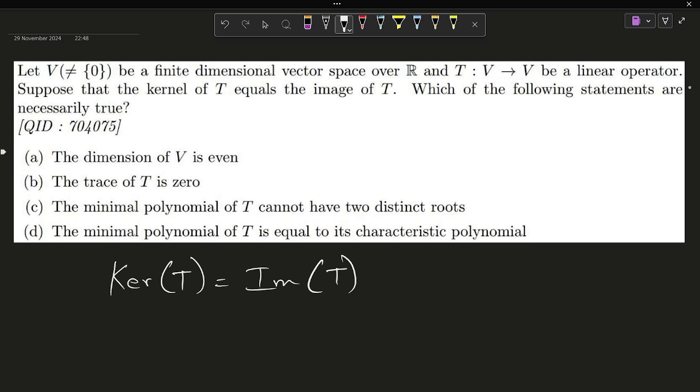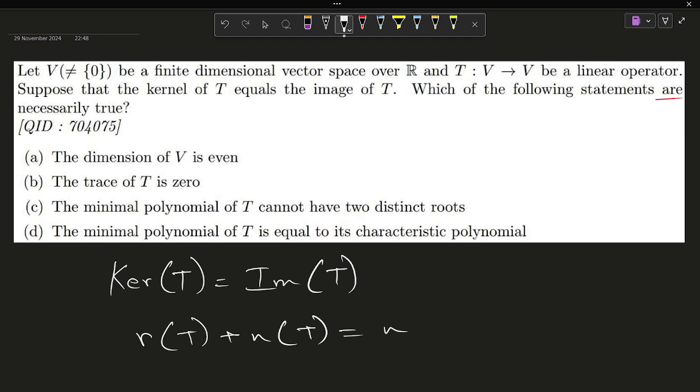As they have given "are" here, this is a multiple correct question. So as the kernel of T is equal to the image of T, we know from the rank nullity theorem that rank of T plus nullity of T is equal to n here.